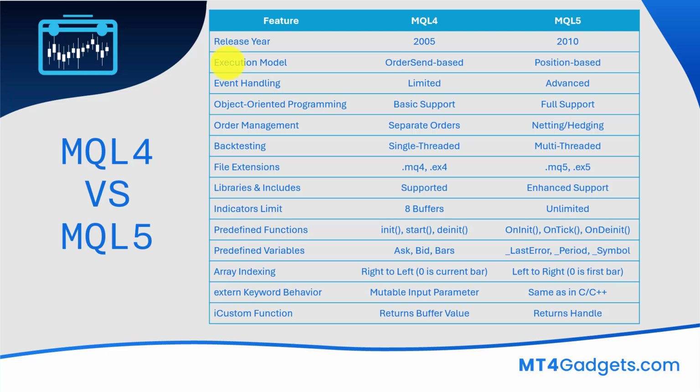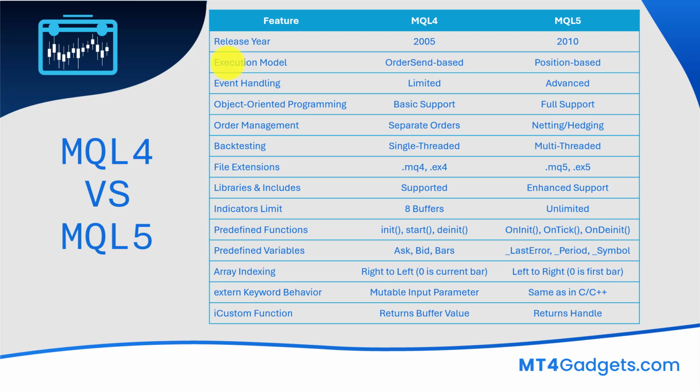In terms of event handling, MQL4 was very limited. It wasn't designed for a very strong event handling process, while MQL5 has event handling at the forefront. So it's designed to manage events in a much better way.